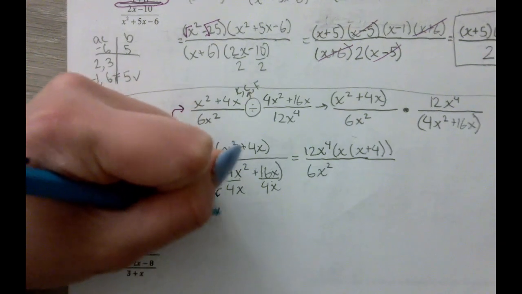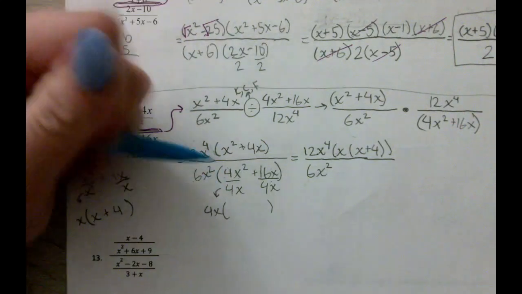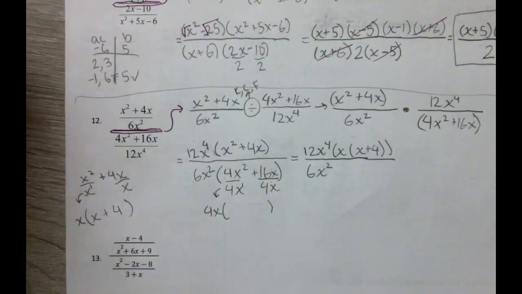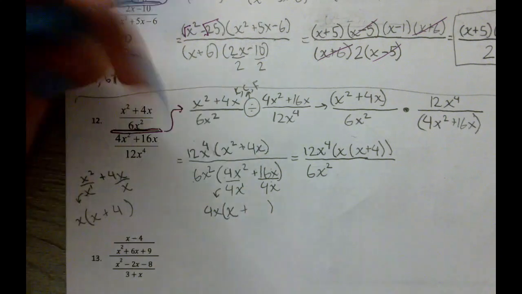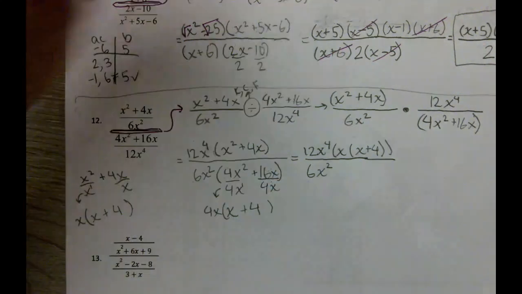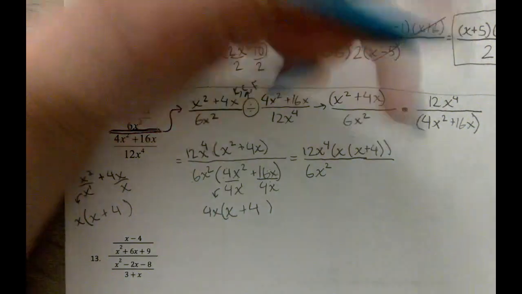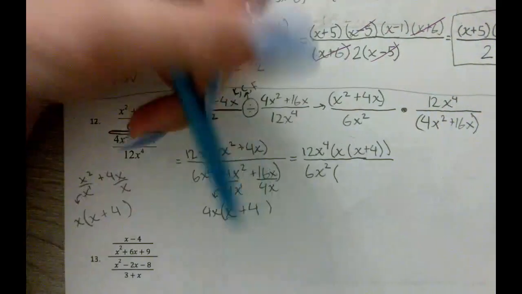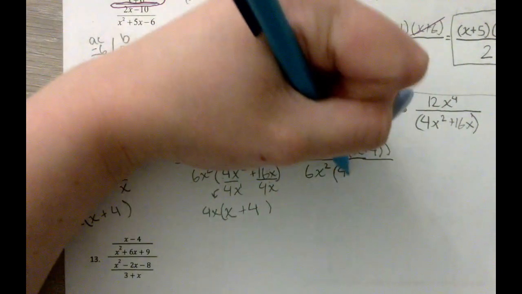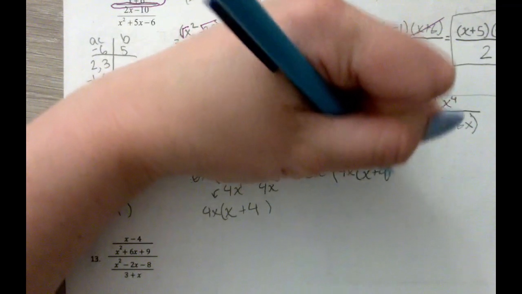Take out the 4x, and what's left over? 4's cancel. X squared over just an x. That leaves me 1x left. Plus 16 divided by 4 is 4. X's cancel. Again, I'm introducing another x term, so it might make more sense to put a parenthesis first before you write this in. 4x times x plus 4.